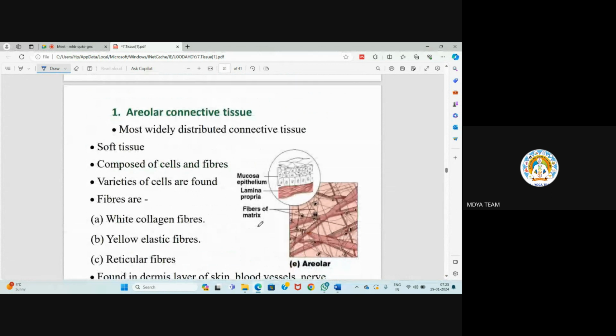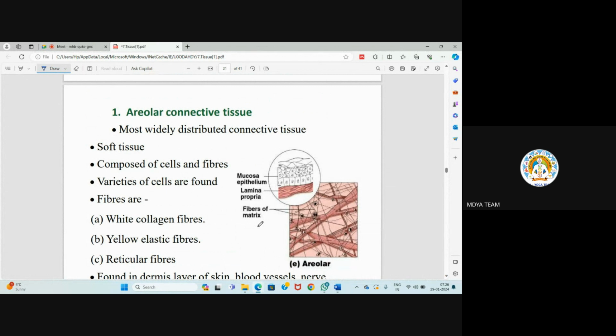Areolar connective tissue is the most widely distributed connective tissue.